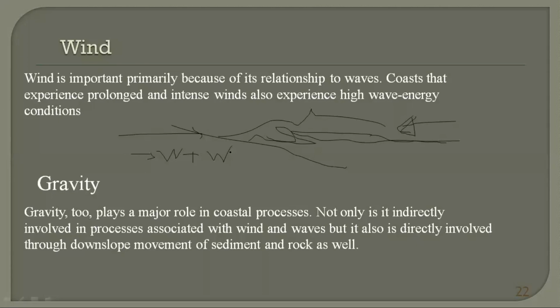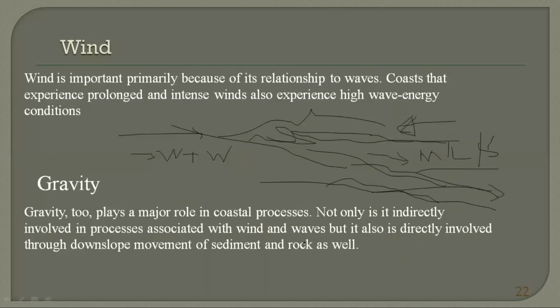Gravity as well, as gravity controls erosion, as maybe you remember during the landslides, as we discussed, or mass wasting or landslides. What happens? There is a large volume of land surface that moves downslope due to the action of gravity.